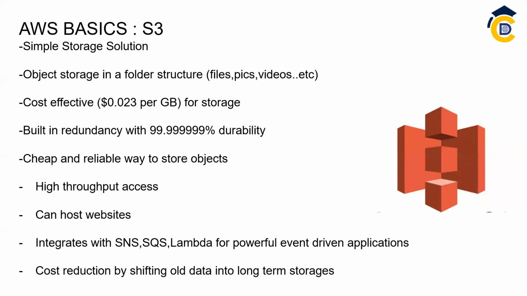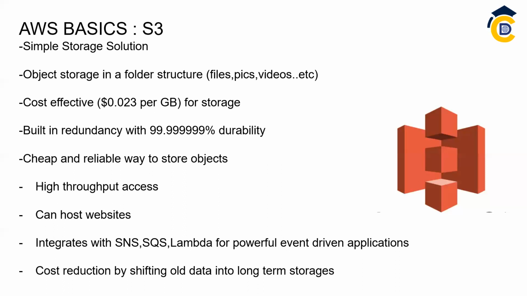S3 Glacier, when we were looking at the services. It will shift those files to that archival storage, which is meant for archival of files, and it will be cheaper compared to S3. So all this cost-effective work is done by AWS to help you reduce cost.